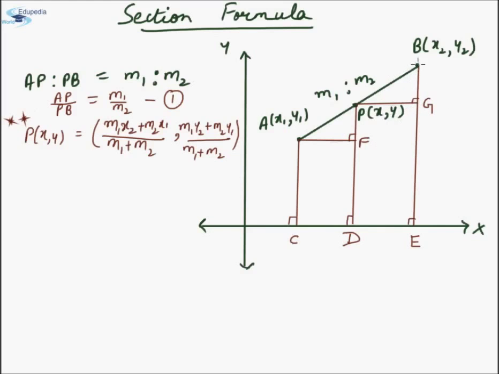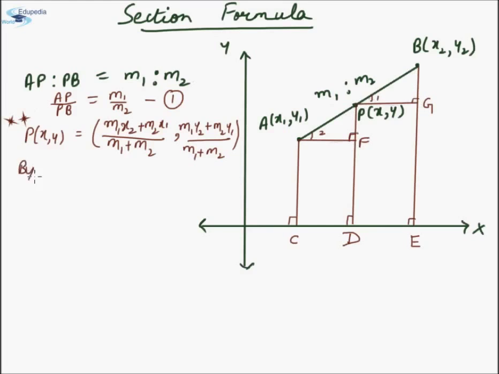Thus, if AB is the transversal and these two lines are parallel, then these two angles, 1 and 2, will be equal. Now, in triangle APF and triangle PBG, we can say that angle 2 is equal to angle 1 and angle AFP is equal to angle PGB.